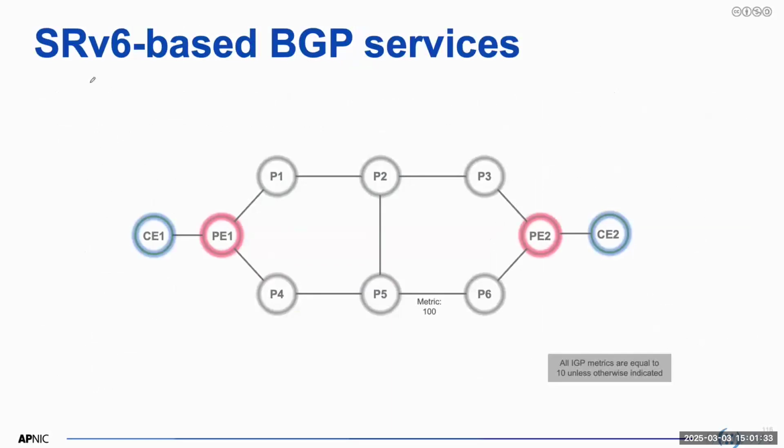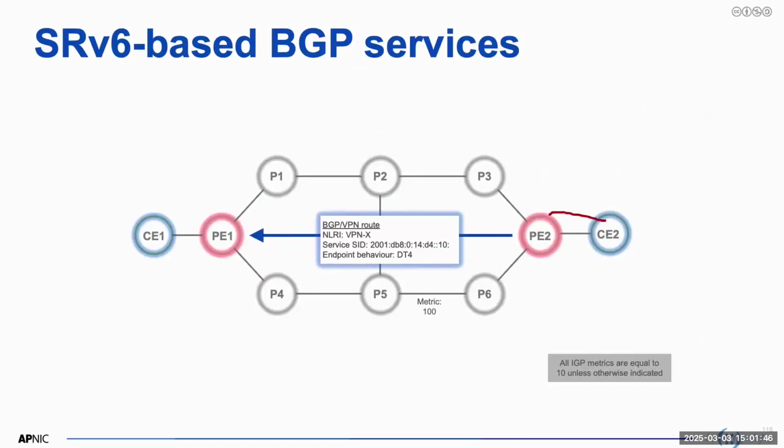In this case, we can see a topology which is an SRv6 based BGP service. We have a PE node which, when it receives the routing information from CE1, advertises it towards PE1. Here you can see the endpoint behavior it will advertise, and the service SID, which is also an IPv6 address.